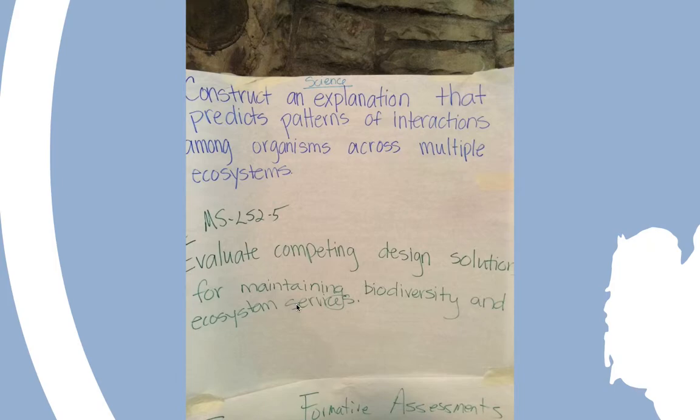Take a look at the standard for a second. And we're focusing on elephant conservation. That's a piece I hadn't told you yet. Elephants are one of the lead species at the zoo. So the students needed to evaluate competing design solutions for maintaining biodiversity and ecosystem services about elephants in Africa.